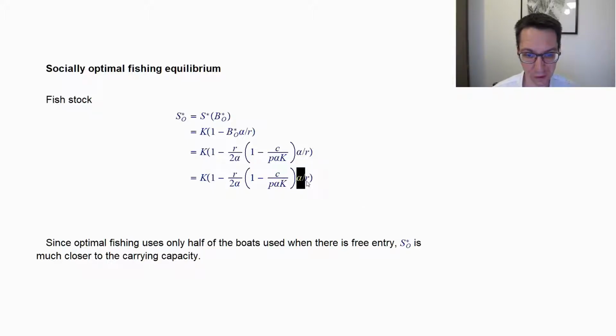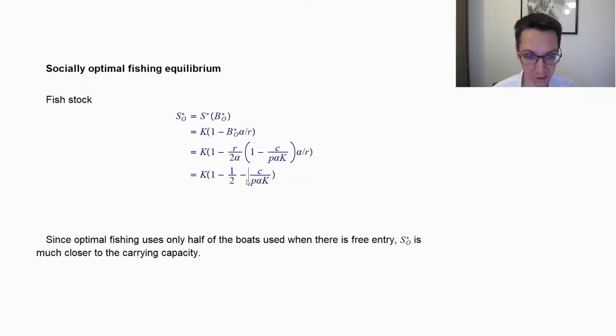So alpha over R simplifies with R over alpha, so it disappears. And then we have 1 minus 1/2 by 1 minus 1/2 by minus C over P alpha K, where I'm going to get the following.